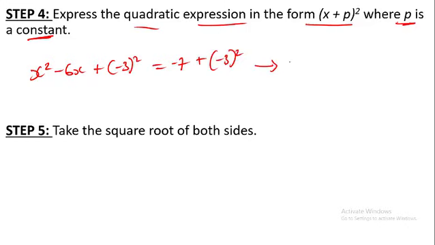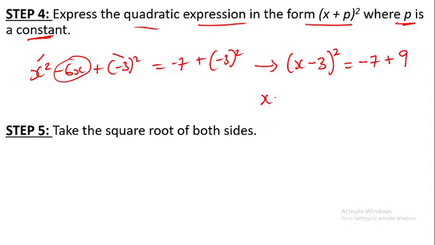Therefore, we then have x minus 3 all squared. I told you we pick this and pick this, and then take one of their powers. And this is equal to minus 7 plus 3 raised to the power 2, which is 9. Is that correct? Yeah. So we continue.